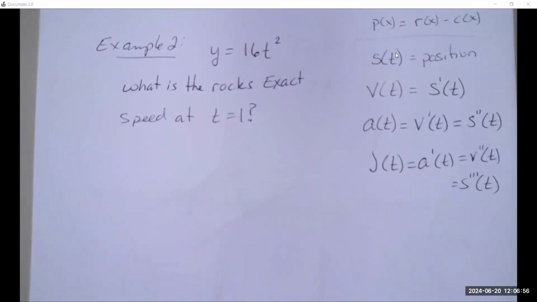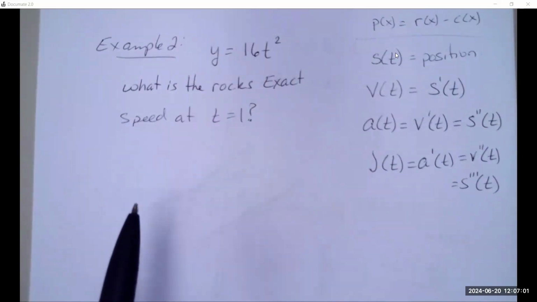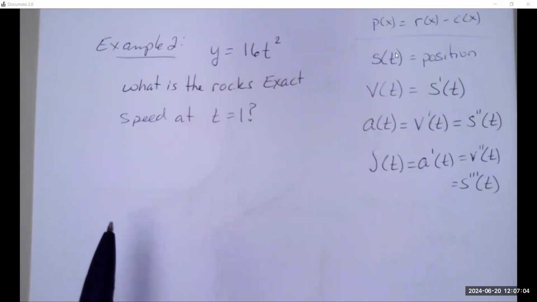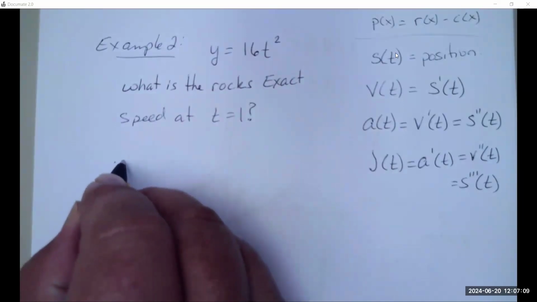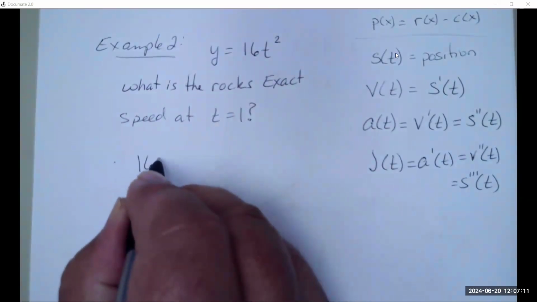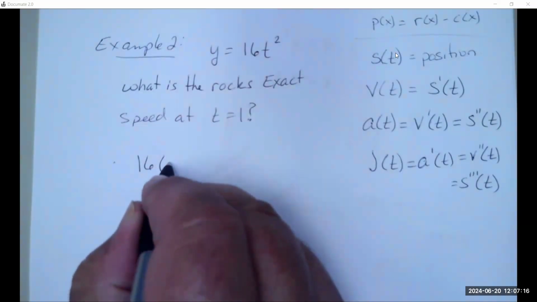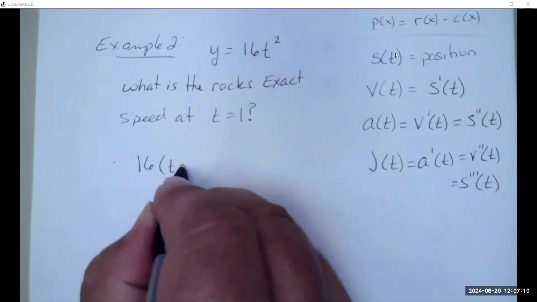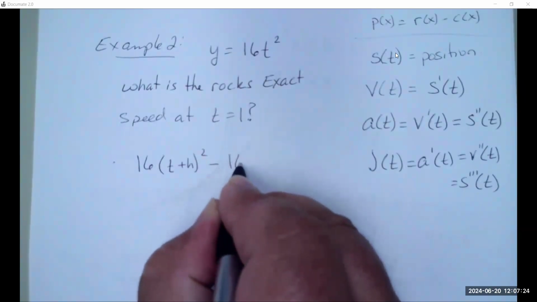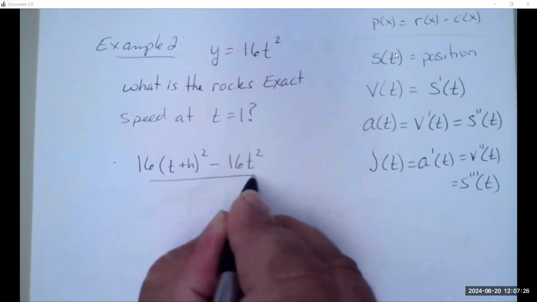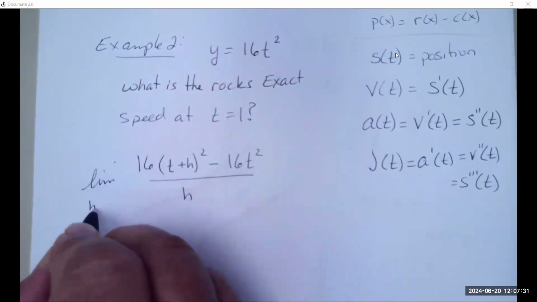So since it's looking for speed, speed is the change of position of an object. So what we're looking for here is 16 times (t plus h) squared minus 16t squared over h, as h goes to 0.